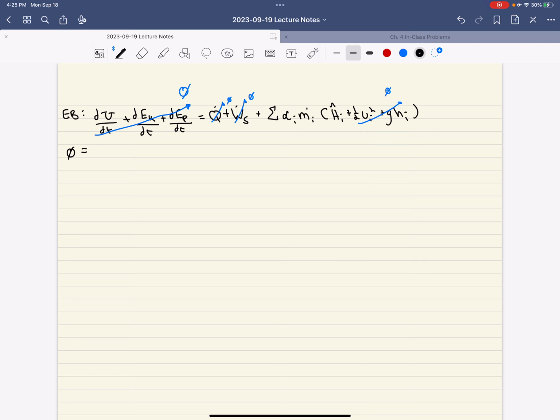For the right-hand side, I'm going to split this up so that we write the enthalpies in terms of the enthalpies due to the vapor phase and the enthalpies due to the liquid phase. For stream 1, it's only in one phase. But for stream 2, we have the vapor component and the liquid component.